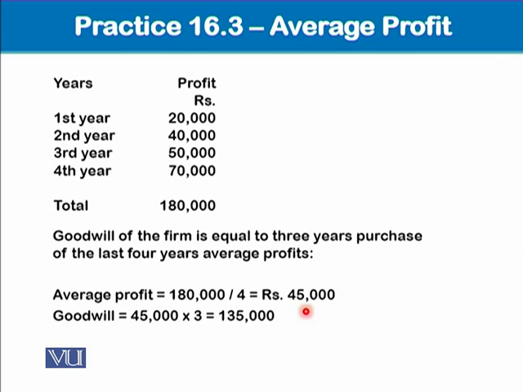We get 45,000 average profit. So this average profit will be multiplied by 3, since it is agreed that the goodwill of the firm shall be equal to 3 years purchase of the average profit. So the goodwill is 135,000 under this average profit method.